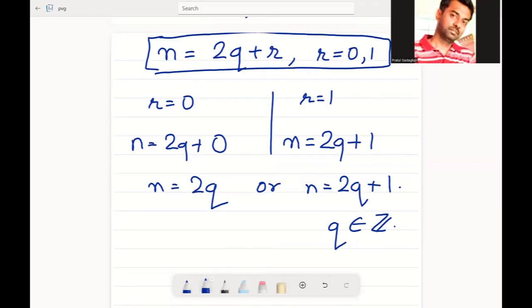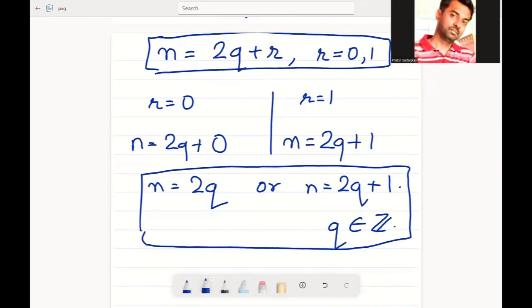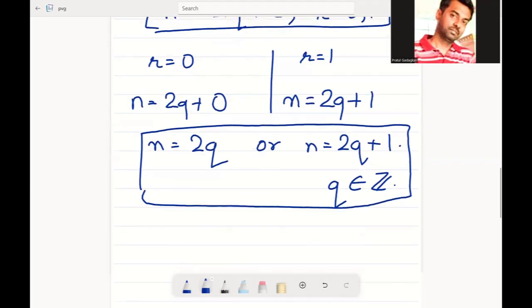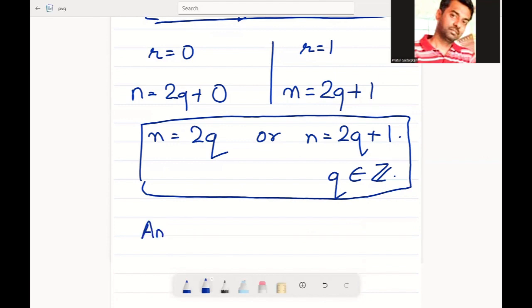So we have eventually proved that any integer n is either in the fashion 2 times something, 2 times q, or 2 times q plus 1. This is what we wanted to prove, and therefore we have proved that any integer is either even or odd.